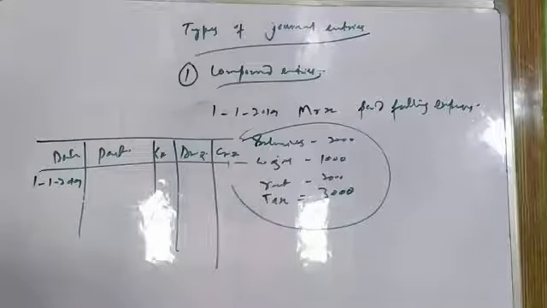Now we know that on 1st January 2019, 4 transactions happened, but all the 4 transactions have similar nature under traditional as well as modern approach. So in case of these transactions, we can do a compound entry.